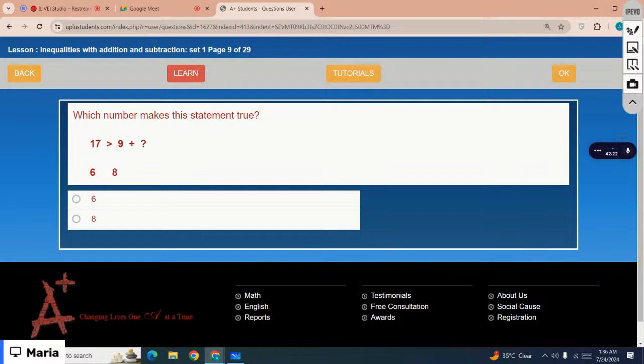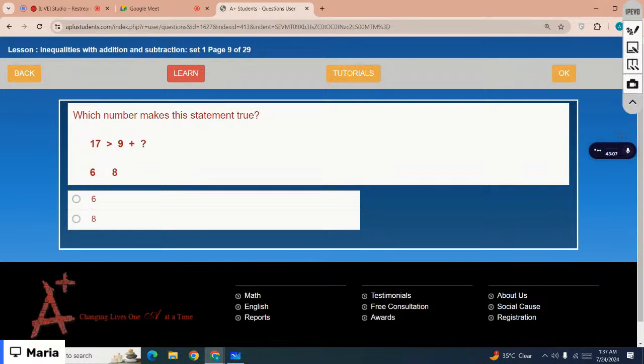Okay, which number makes the statement true? 17 is greater than 9 plus which number? 17 is greater than 17?